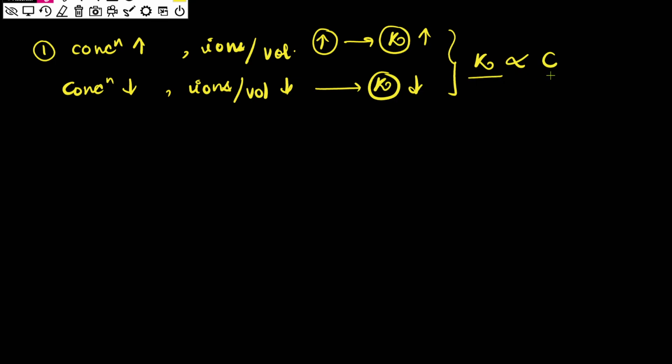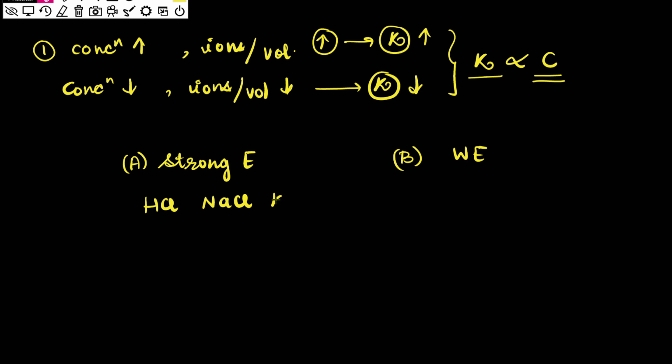But this conductivity with the increase in concentration may vary for strong electrolytes and for weak electrolytes. In strong electrolytes, let us take the examples of HCl, NaCl and KCl.